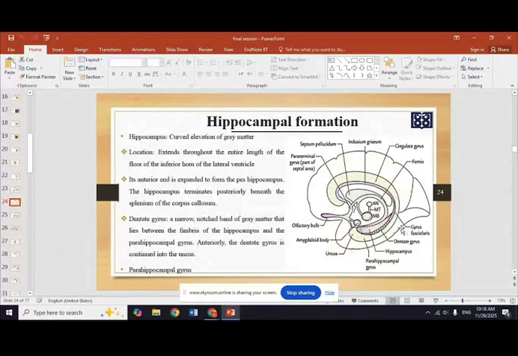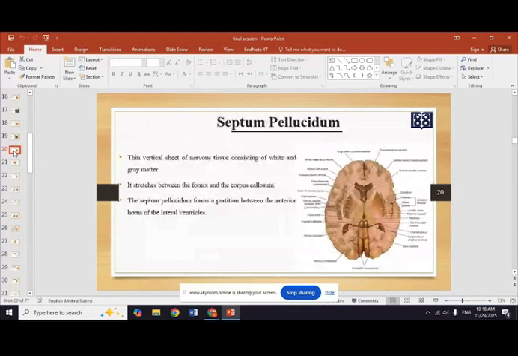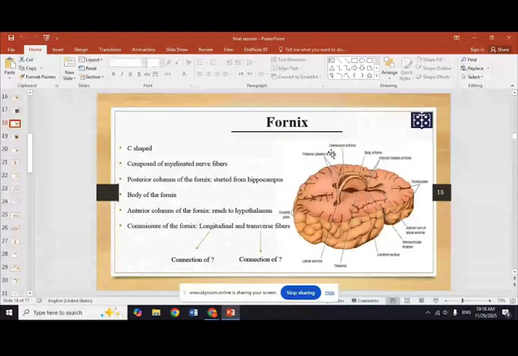Look at here. I told you before we have something we call fornix. By means of the fornix, I told you in the previous session, connecting the hippocampus, this part, to the hypothalamus. Let me show it to you, this one, fornix. I told you it has posterior columns and also anterior columns.